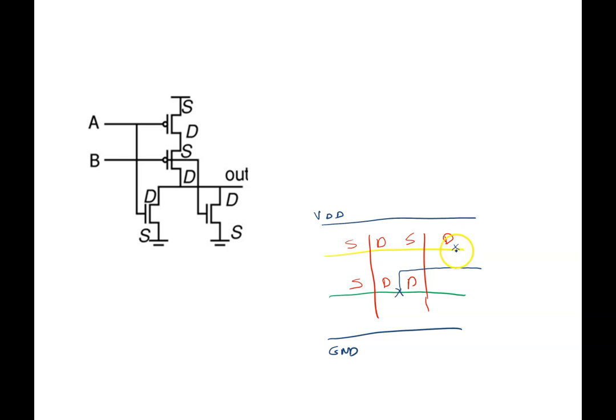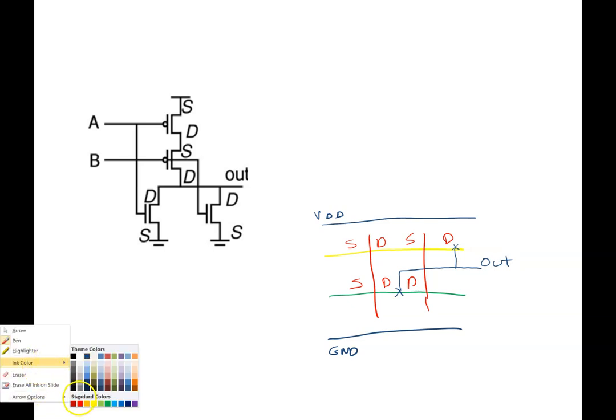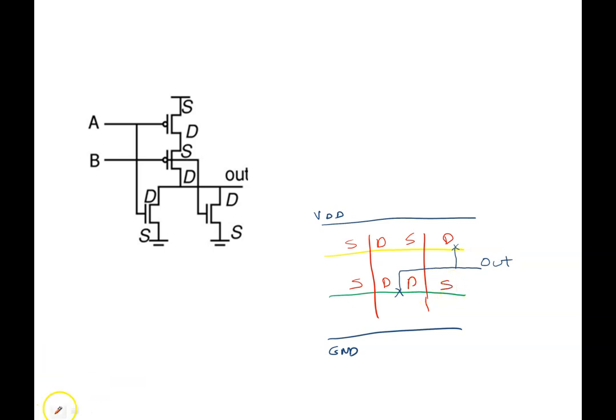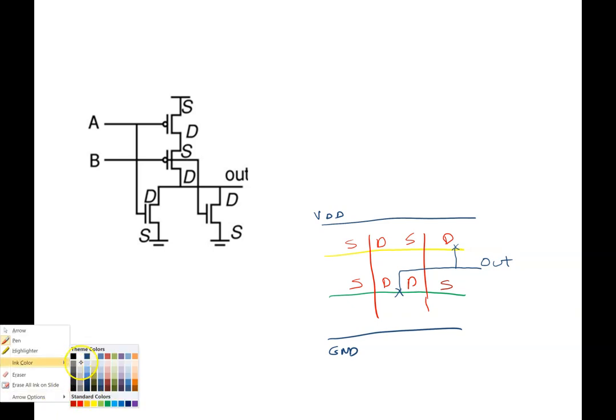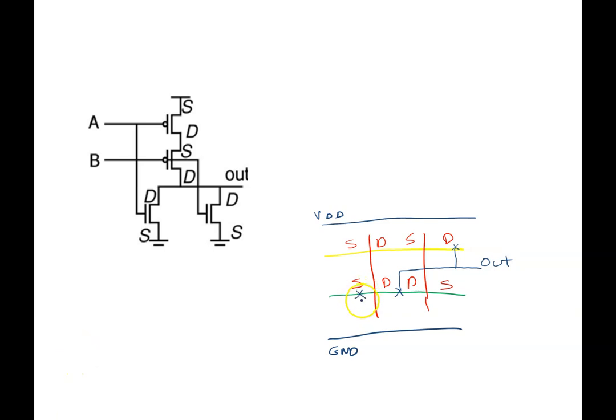Now I also need here another one. This is my out. Now the remaining terminal is source, and all sources have to go to the ground. So I just now put these 2 transistors in parallel, and I've completed this.